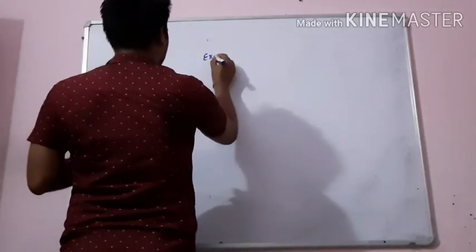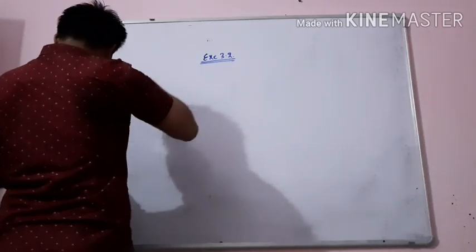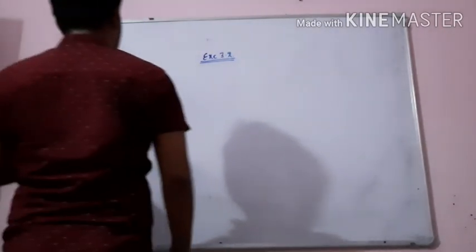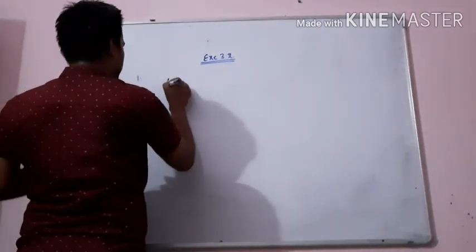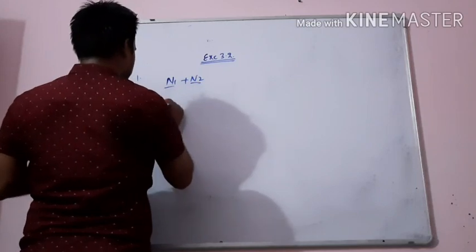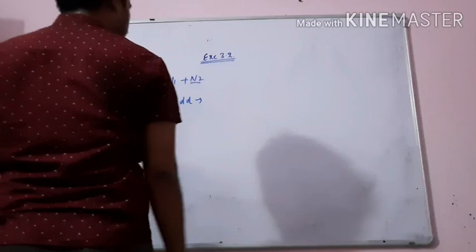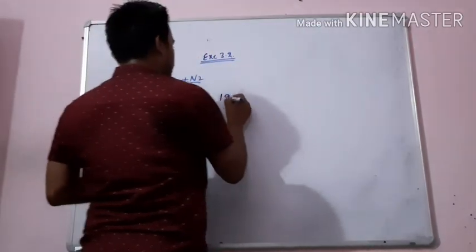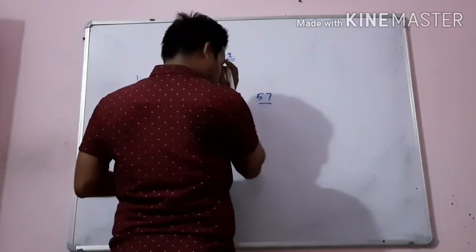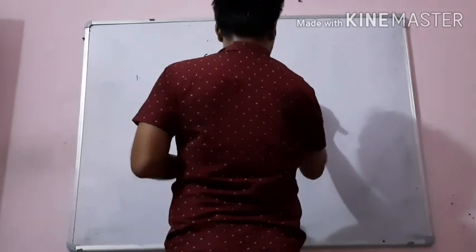Exercise 3.2, question number 1. Write the sum of any 2 numbers. First we take two numbers n1 plus n2, and the first condition is odd numbers. Take any odd numbers. Suppose take 19 plus 57. Both are odd numbers. When you add, you will get 76.